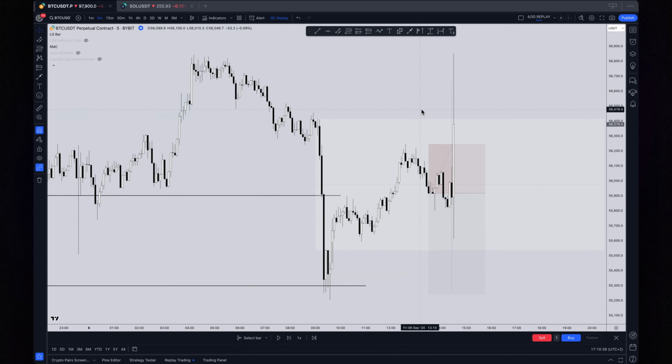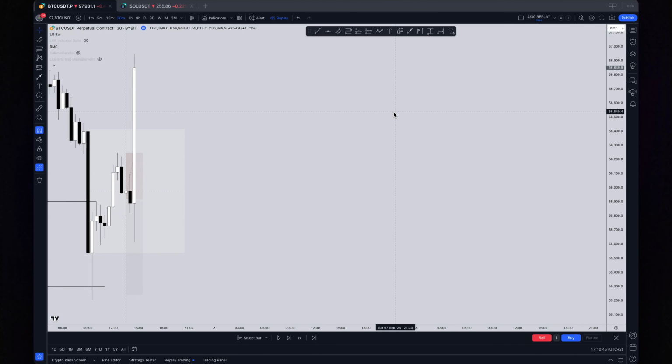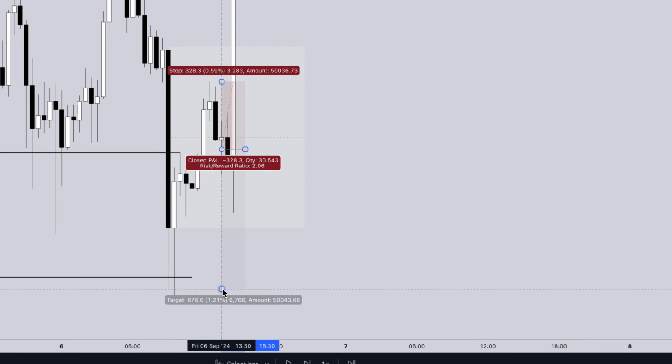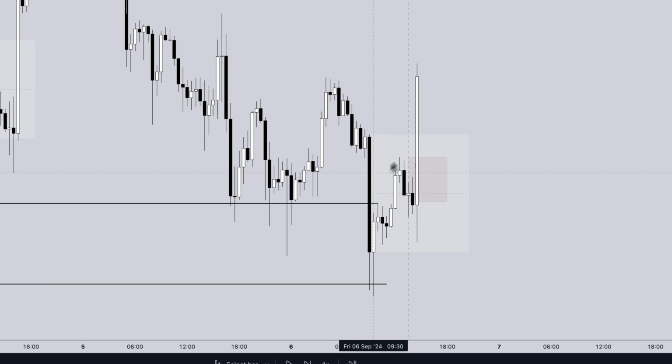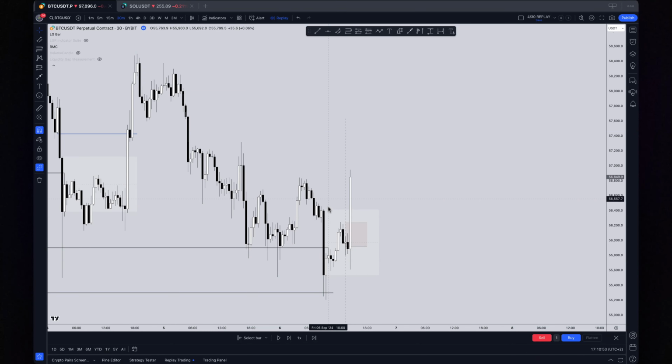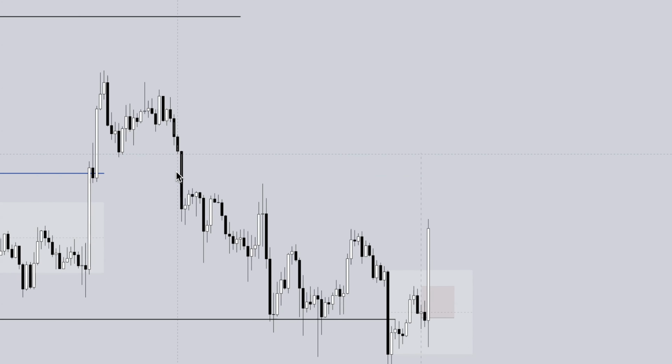Big spike up. Let's see what that is on the 30. I'll take that as a loss. Okay. Now this level is very relevant.